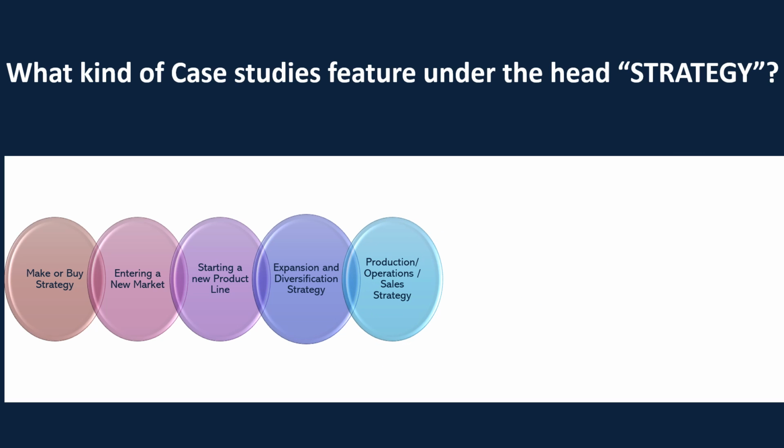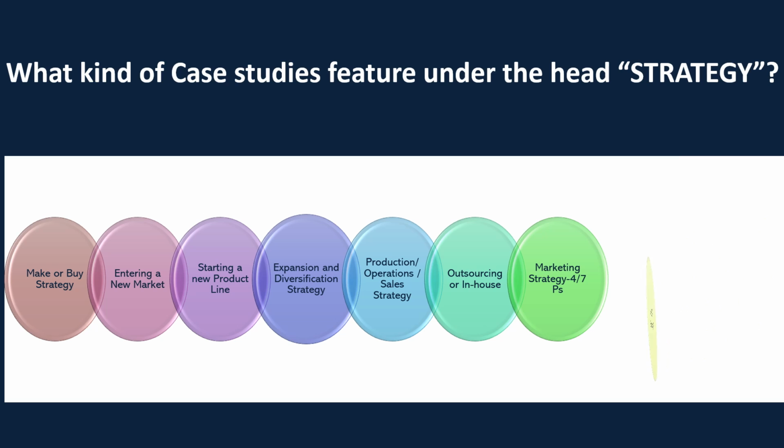The cases could also be regarding expansion and diversification into different industries or customer segments. It may be related to certain internal development strategies with respect to production, operations, and sales. Cases discussing the move towards a hollow structure through outsourcing.